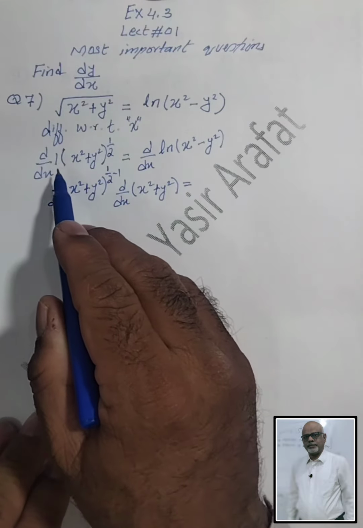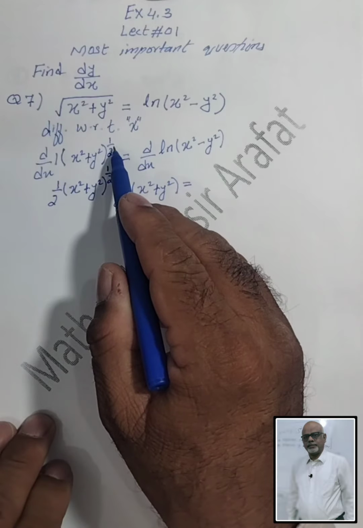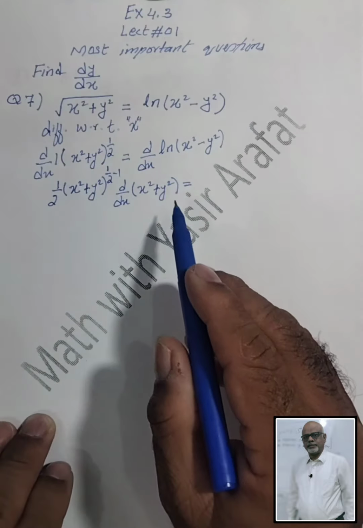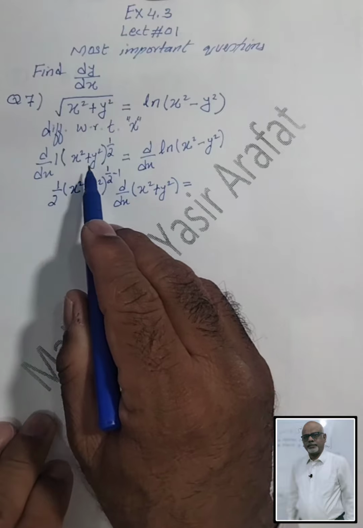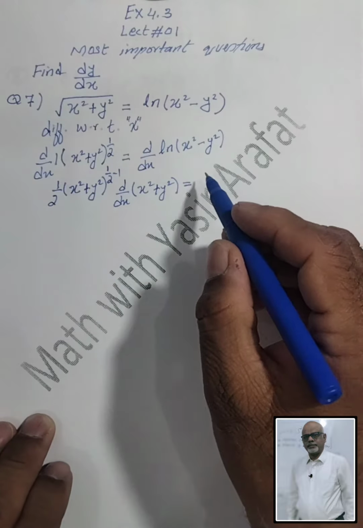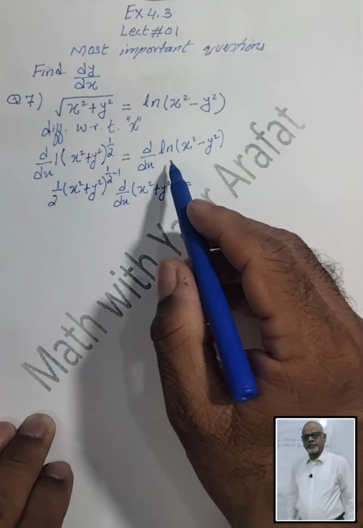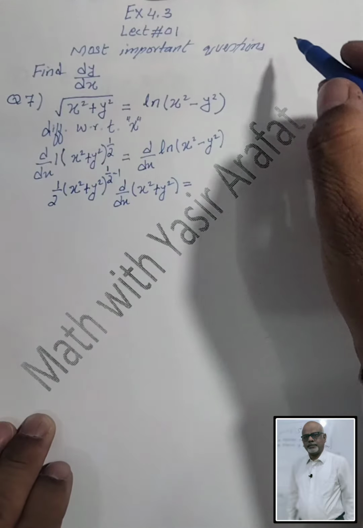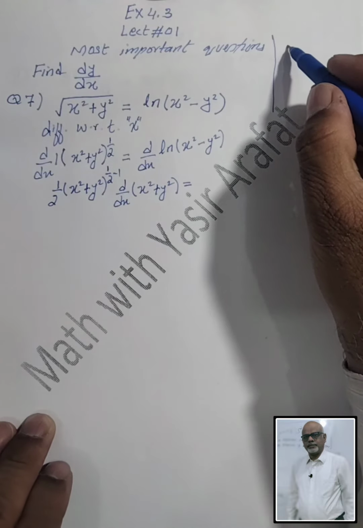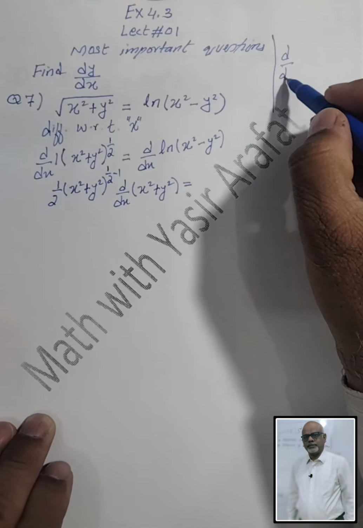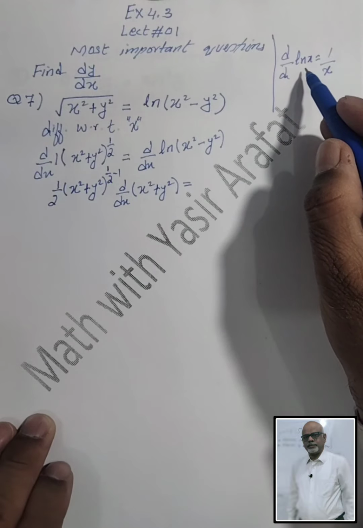First we have to find the derivative of the power and then the derivative of the function, that is x square plus y square. Similarly here, we have a formula for the derivative of ln x, which is equal to 1 over x. This is the formula of ln x.